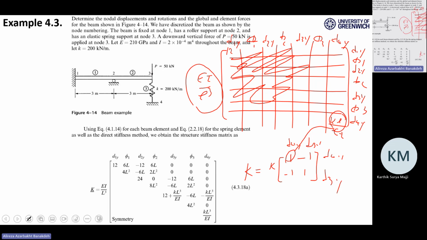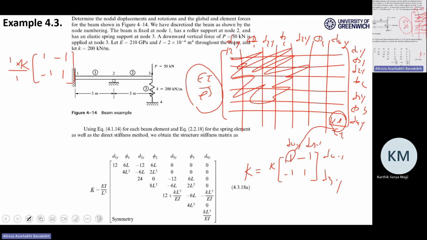In another way, when we have K, 1, minus 1, minus 1, 1, can we say K is like K multiplied by 1 divided by 1?